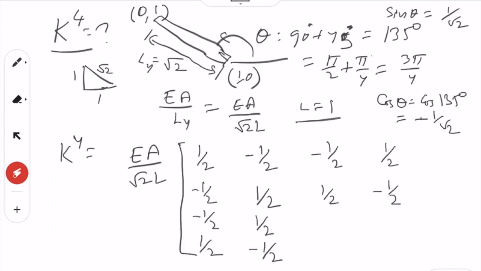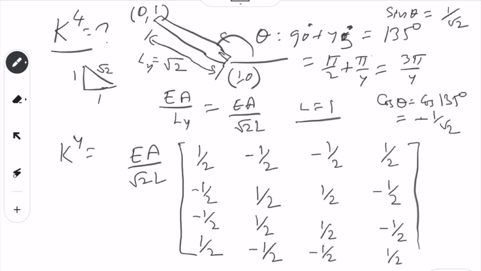So very easy, negative of this, negative of this, this negative of this, similarly this negative of this negative of this, and done. So we get 1 over 2, minus 1 over 2, minus 1 over 2, 1 over 2. This is what you got. So we got all the things.